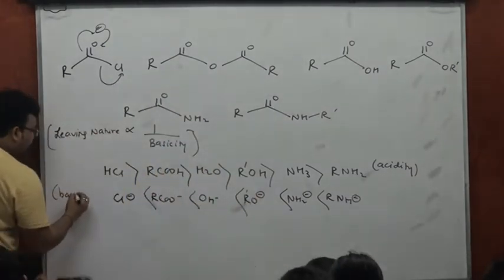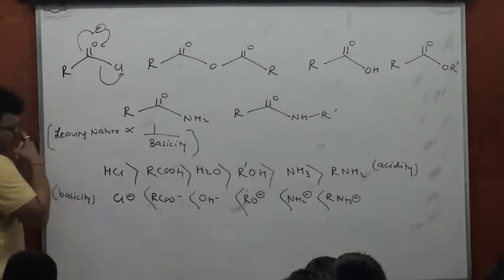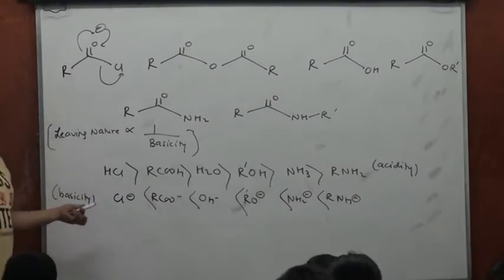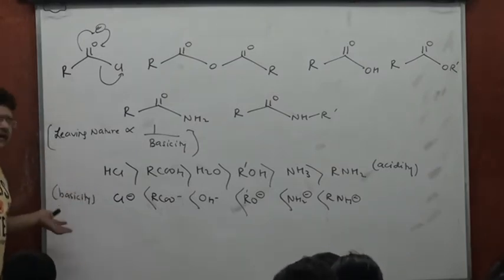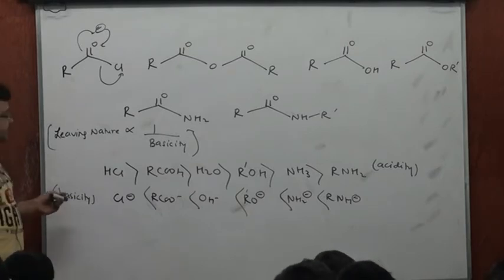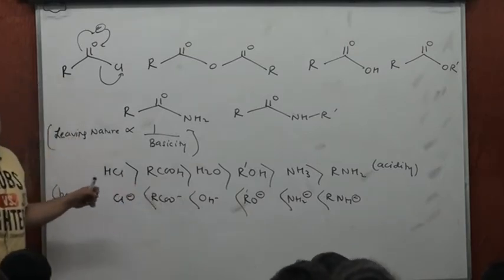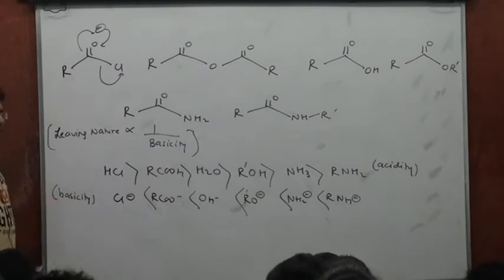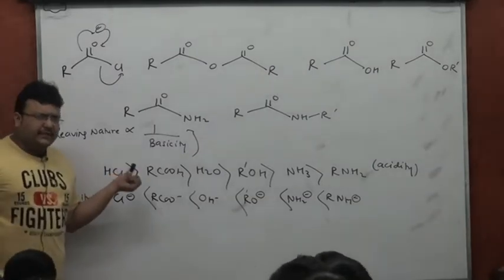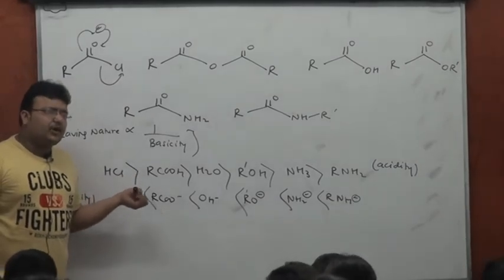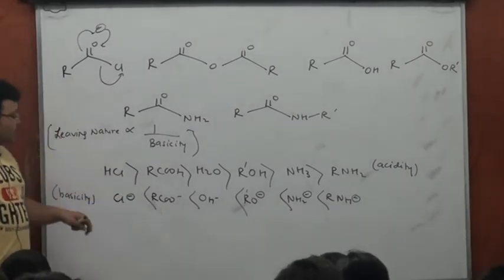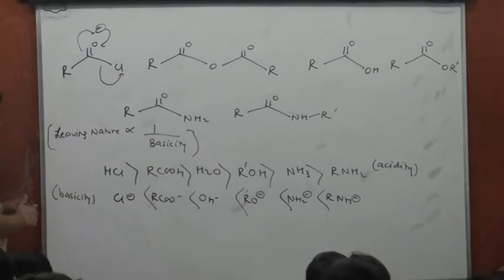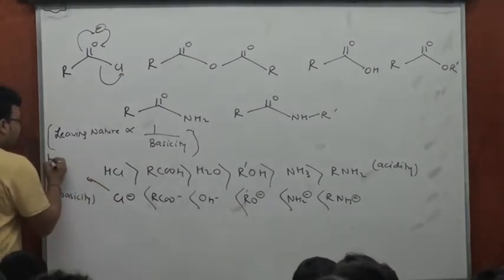This would be the order of basicity, and as we understand that, more basicity will mean poor leaving tendency. If this is the order of basicity derived from the order of the corresponding conjugate acids, the reverse has to be the order of leaving tendency. So Cl minus being the weakest base is supposed to be the best leaving group.